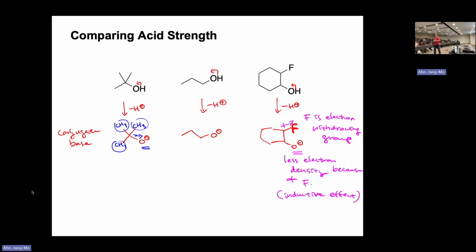There's something called electron withdrawing groups, like a halogen, which is an electronegative atom, or something possibly charged there, that would be considered an electron withdrawing group. That can increase acidity by pulling some of the electron density through the bond.